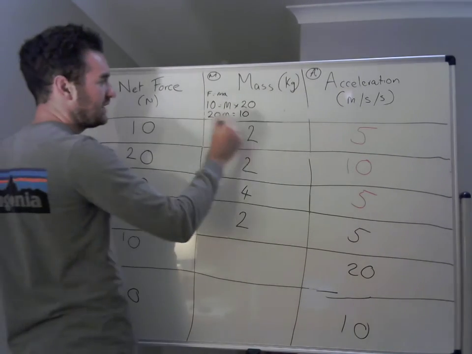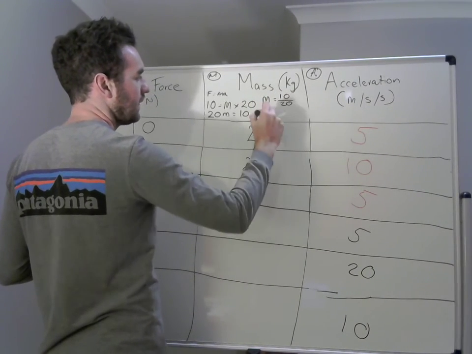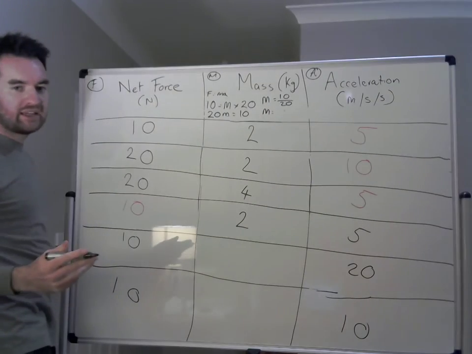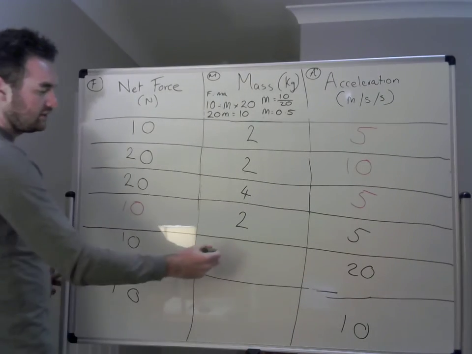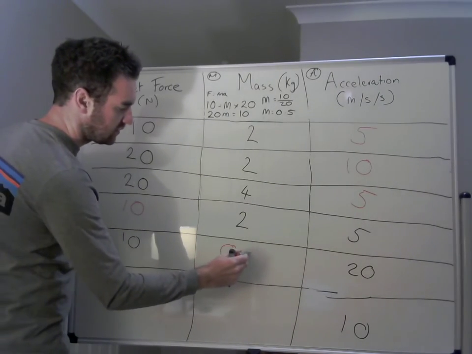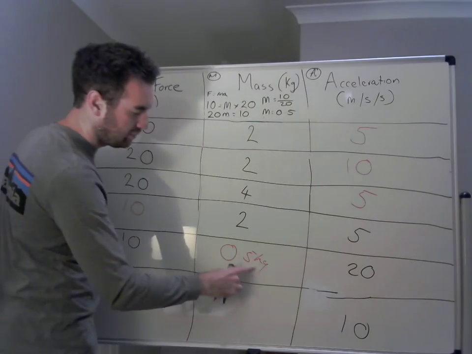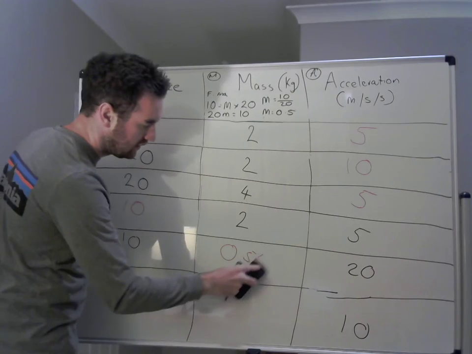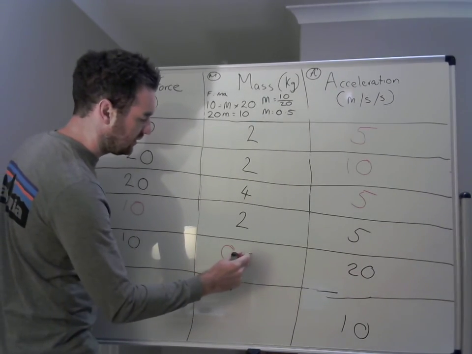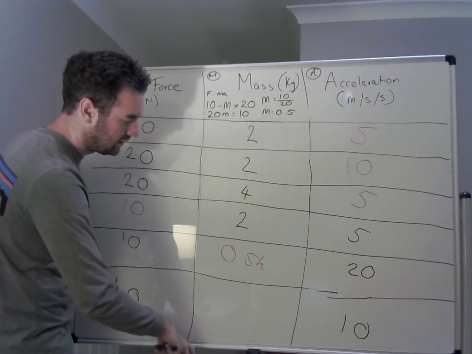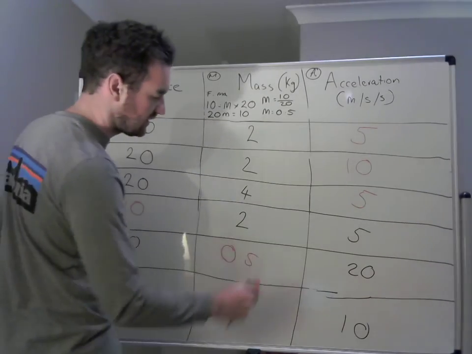Divide both sides by 20 to get m on its own. m equals 10 divided by 20, which is 0.5. So that's 0.5 kilograms. So if I apply 10 newtons of force to something that is half a kilo, then it will have an acceleration of 20 meters per second squared.